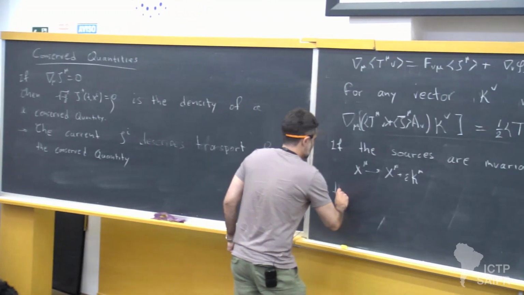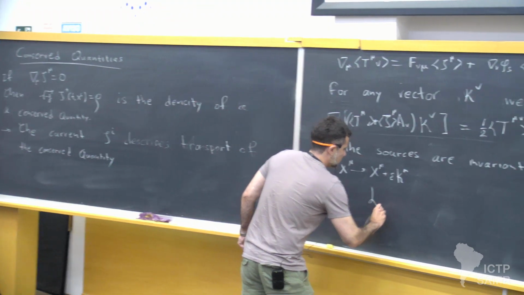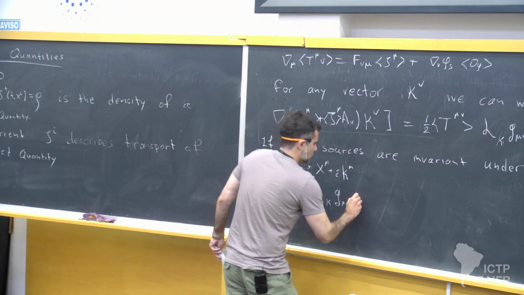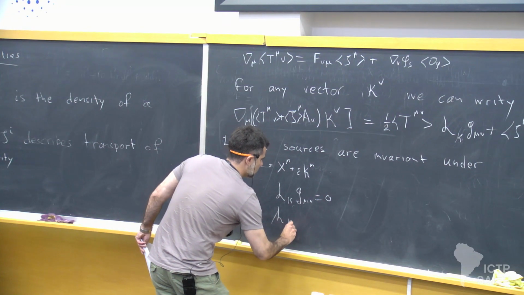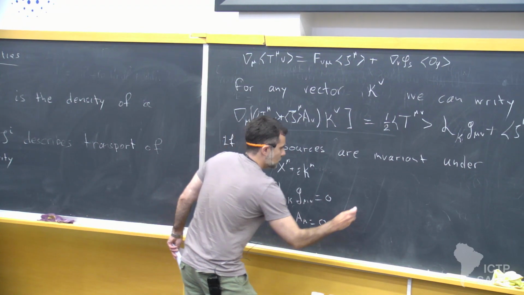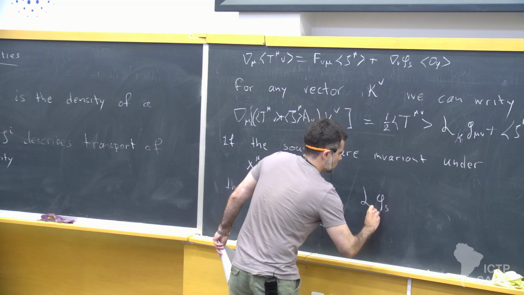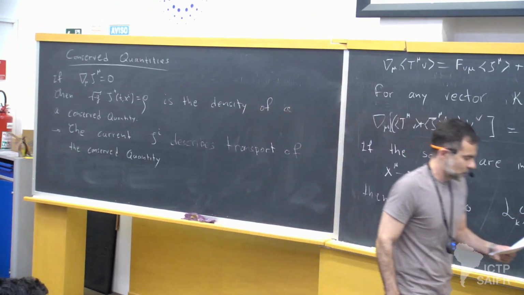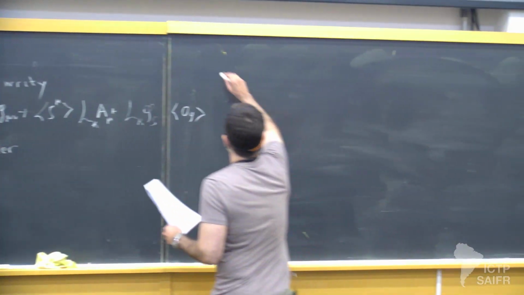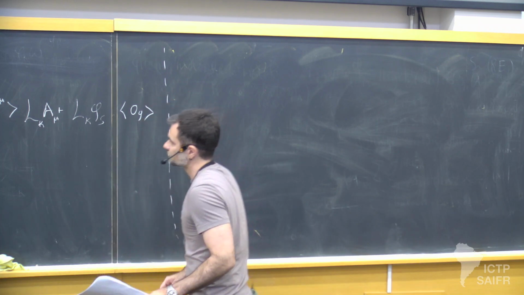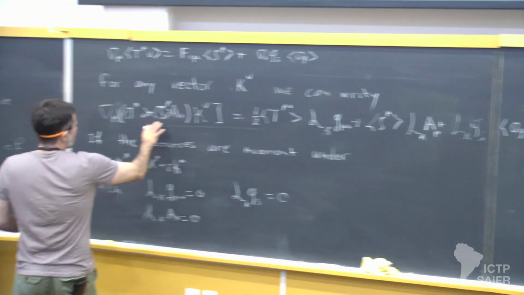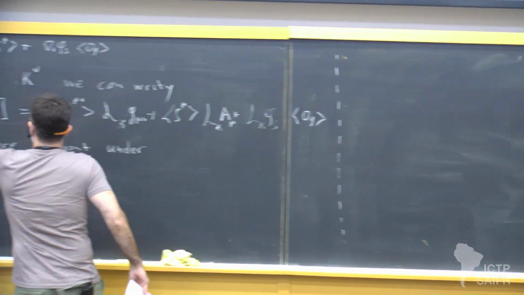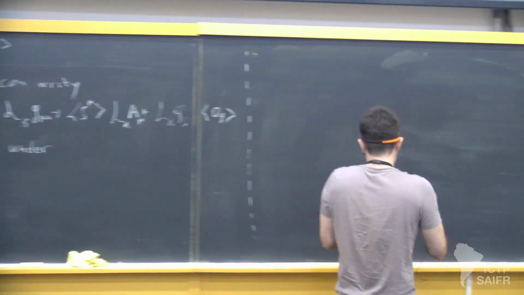Okay, so then the Lie derivative with respect to k of the metric is going to be 0. The Lie derivative of the external gauge field will be 0, and the Lie derivative of the scalar source will be 0. So as long as k is generating some isometry of the backgrounds, then this quantity that I can construct from contracting T^{mu nu} plus J^mu A^nu with K_nu will be a conserved current.